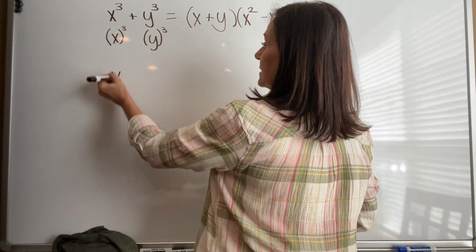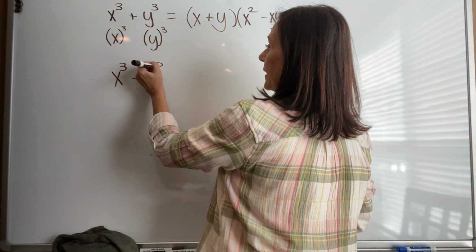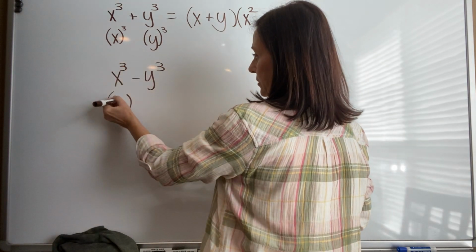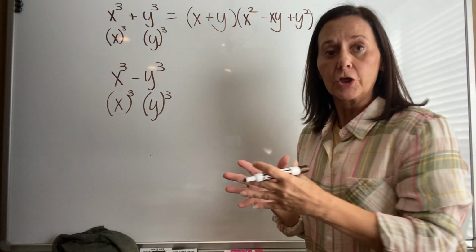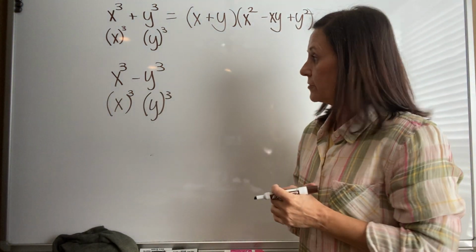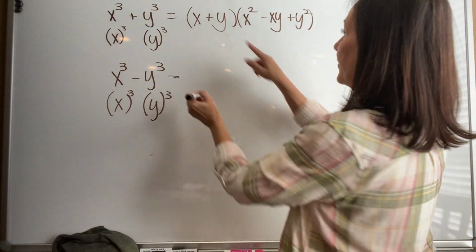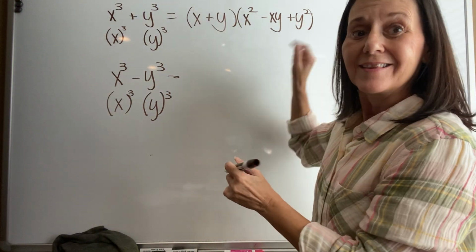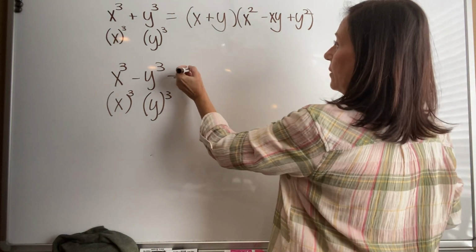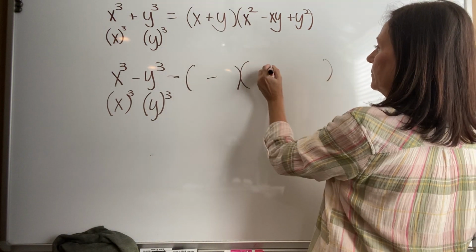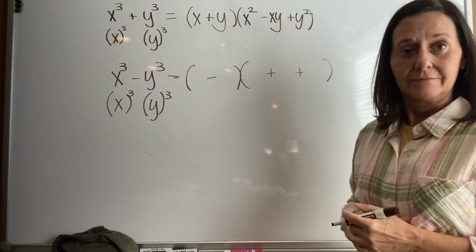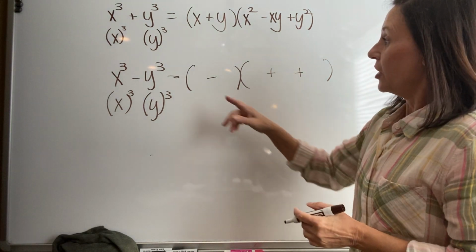If it is x cubed minus y cubed, we look also at what is cubed. We want to look at the cube root of what those terms are. The values don't change. The signs change. So if it's minus, then it's minus, plus, plus. The terms don't change.